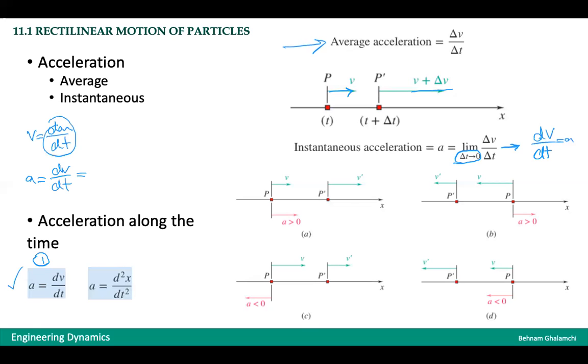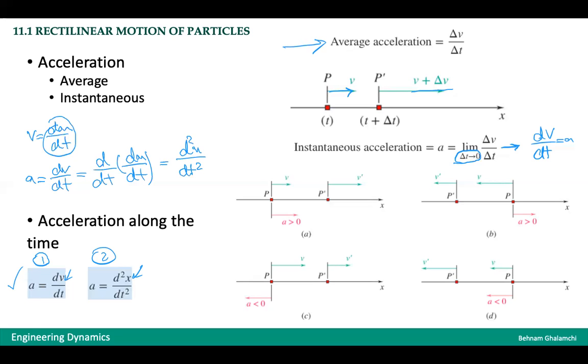If I just replace v with this value, that will be d/dt of dx over dt. I can rewrite it in this form, d2x over dt2. That is the second derivative of displacement. So that's why the second type of definition for the acceleration exists. a is equal to the first derivative of the velocity or the second derivative of displacement.